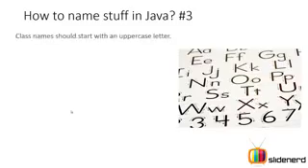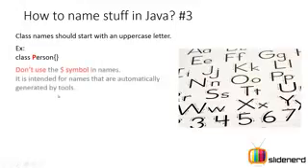So now how to name classes in Java. Class names should start with an uppercase letter. For example, you say class Person, it's completely capital starting with capital alphabet P. Don't use the dollar symbol in names. Now there are programs that generate code for you, like automatic code generators and stuff.